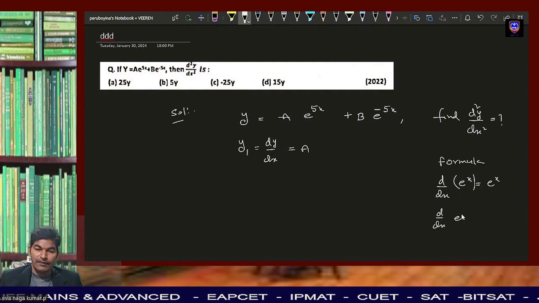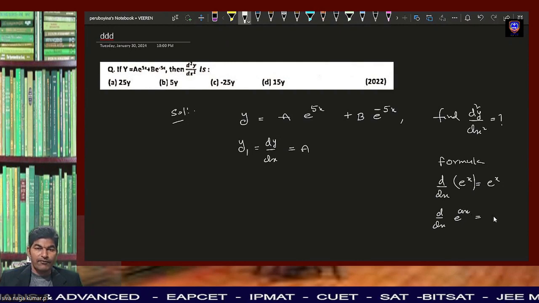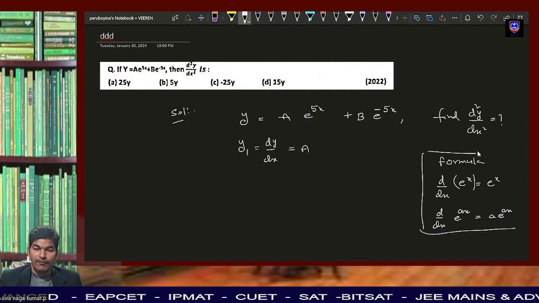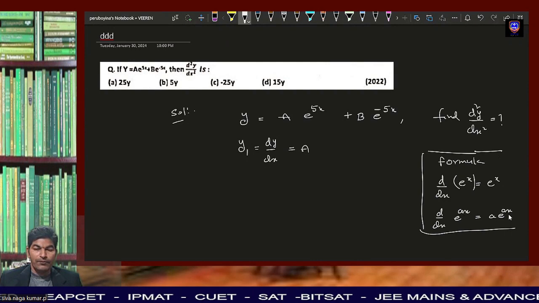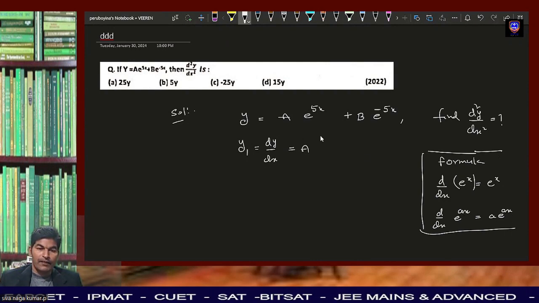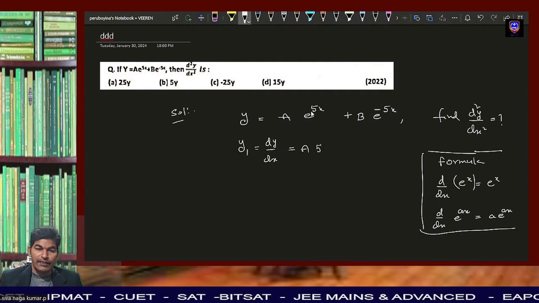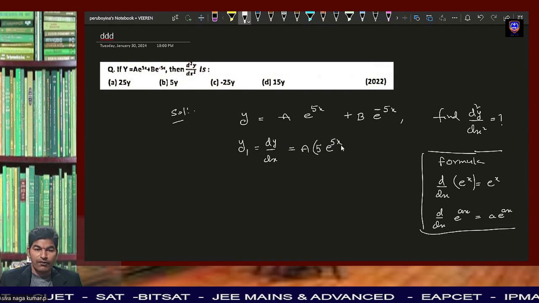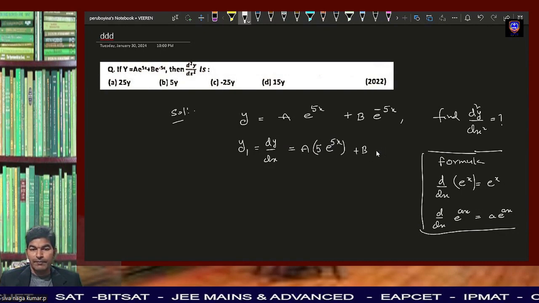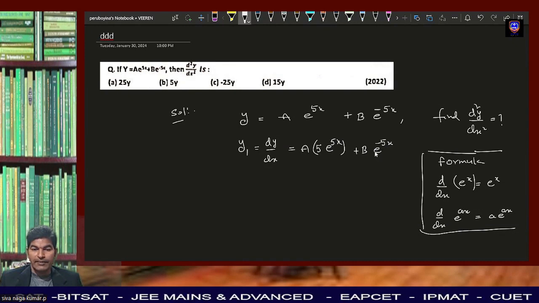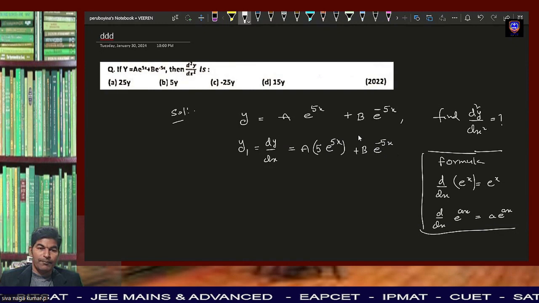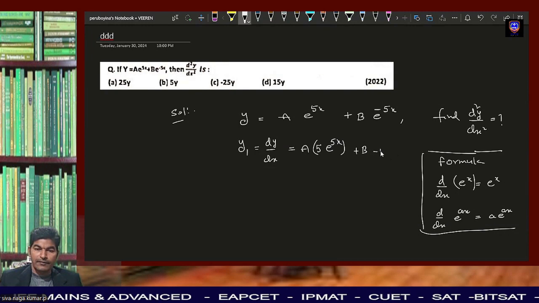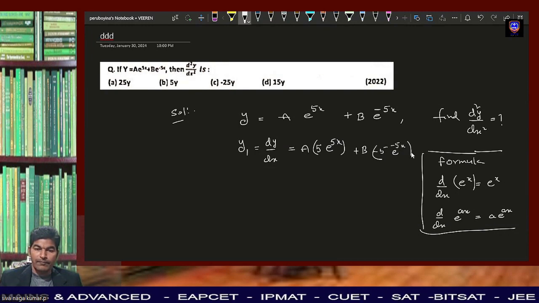In case of e power ax, the derivative is a into e power ax. Using that rule, the derivative of e power 5x is 5 into e power 5x. Plus b into e power minus 5x, whose derivative is minus 5 into e power minus 5x.